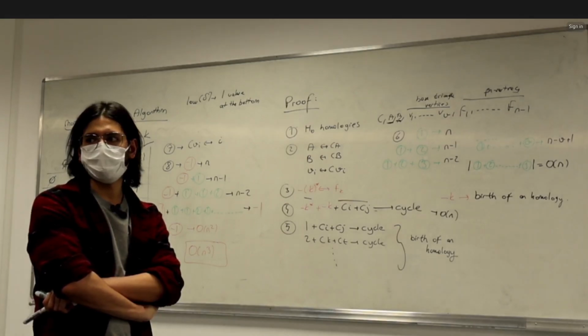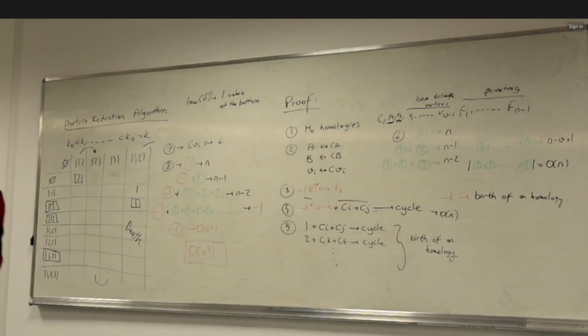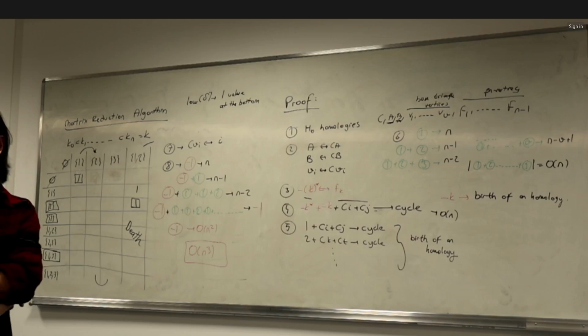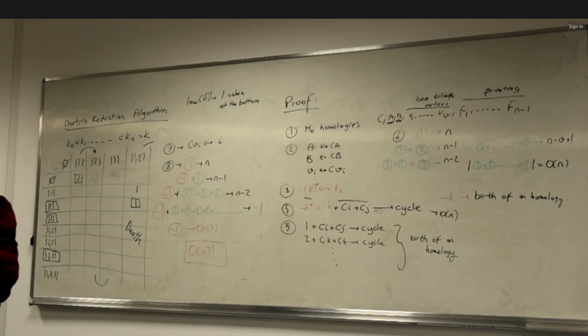In applications, I guess most of the reduced complexes coming from data run in much smaller time. There's one paper that says it's close to linear, but it's random, taking data.